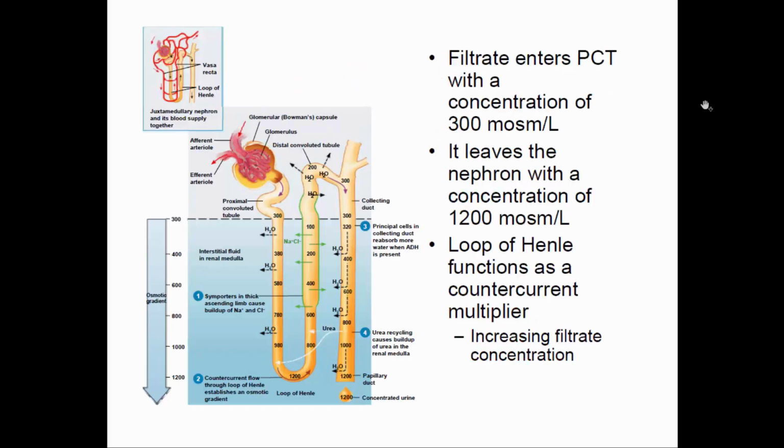Okay, so let's see what's happening here. Filtrate enters the proximal convoluted tubule. So here's the proximal convoluted tubule, and it's going to have a concentration of 300 milliosmoles per liter. So what does that mean? Just think of it as a measurement of how much salt, how much sodium there is.